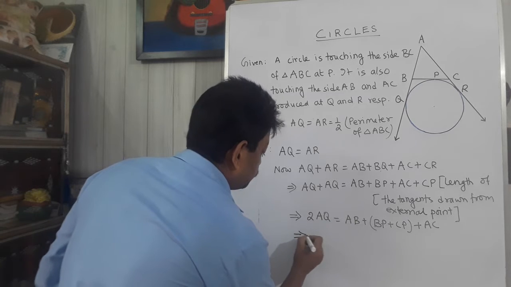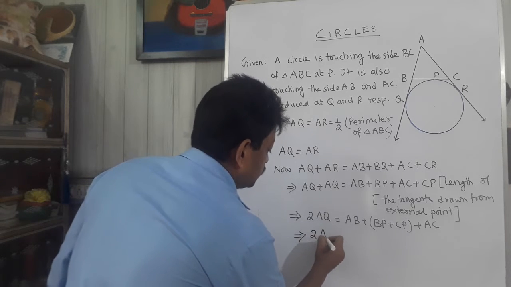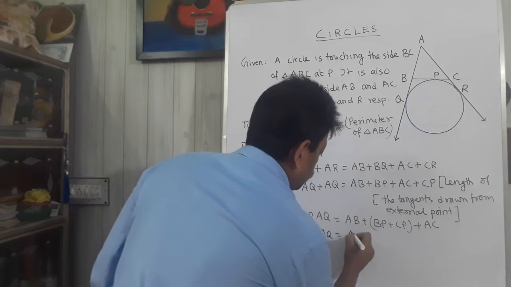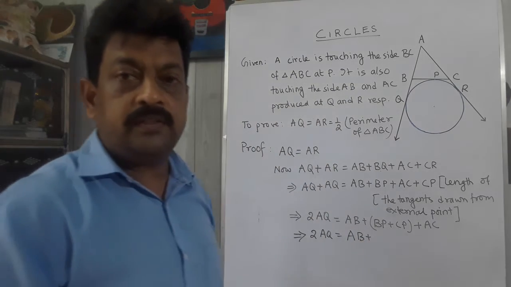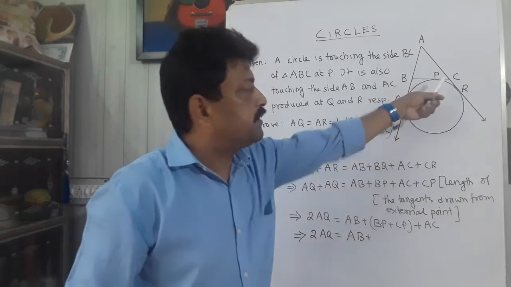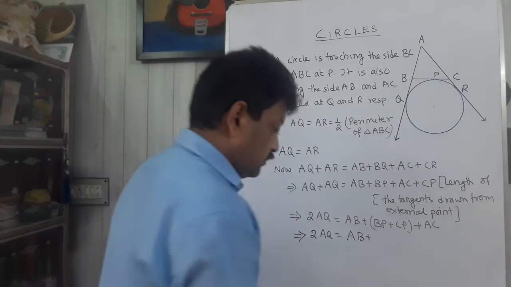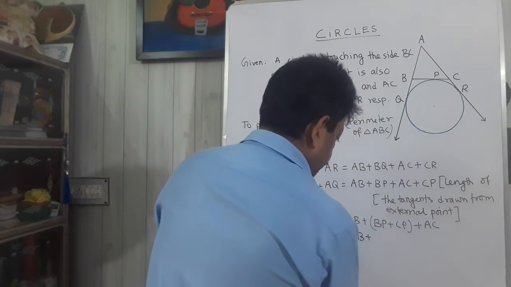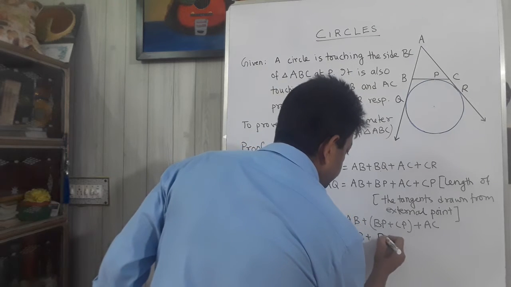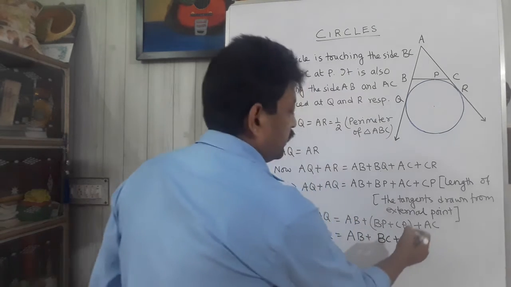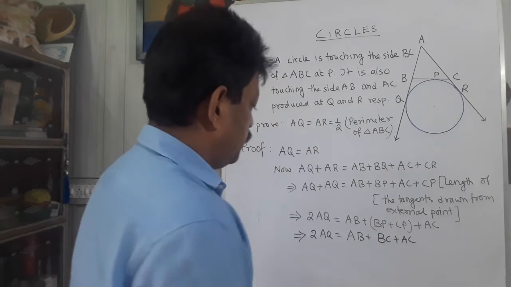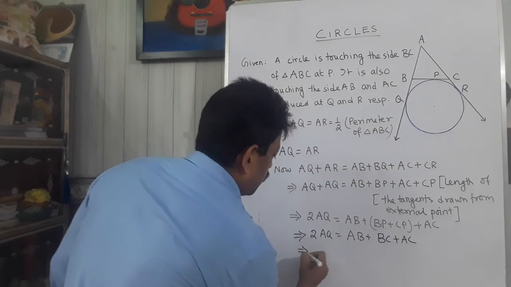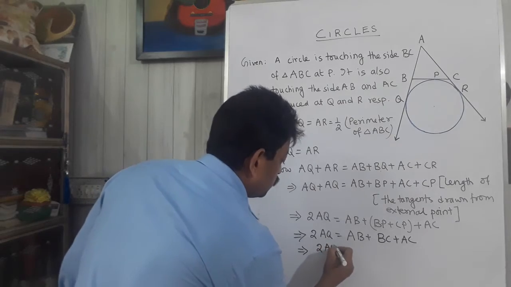So here 2AQ will remain as it is, AB will be AB. Now see the figure, BP plus CP, what is that? BP plus CP is BC. So in place of BP plus CP, I can write BC, and AC will remain as it is. Okay. So now what is 2AQ?